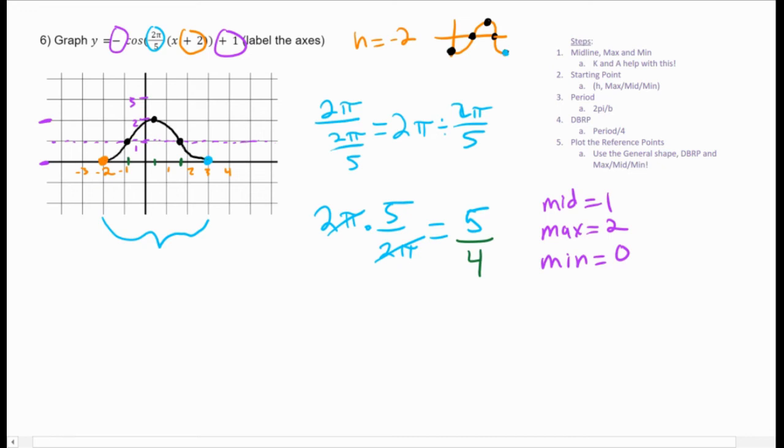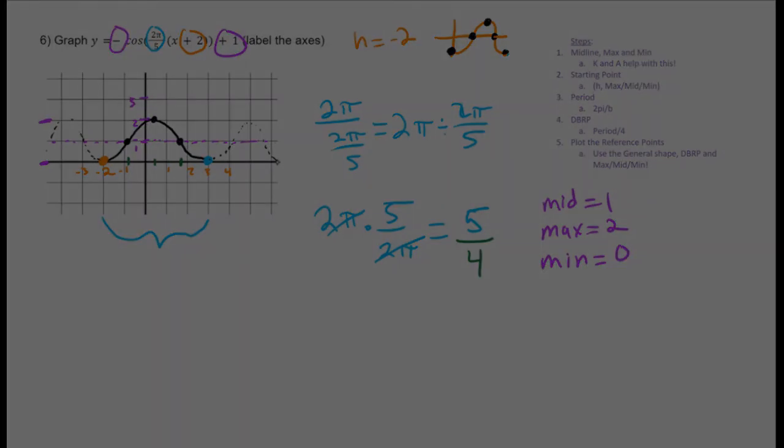And that's a single period of our graph. Again, it continues on, but I'm not super worried about you continuing it perfectly because I'm looking mostly at those 5 reference points and that one period. So there's our graph.